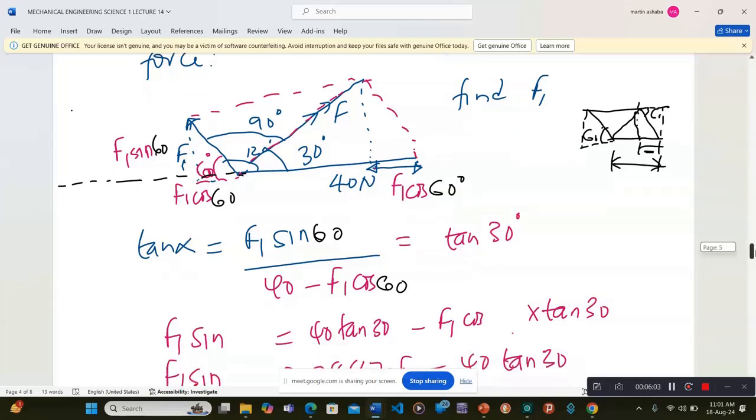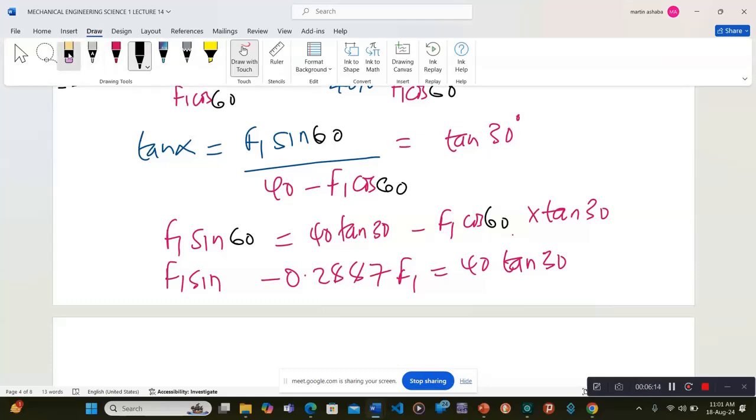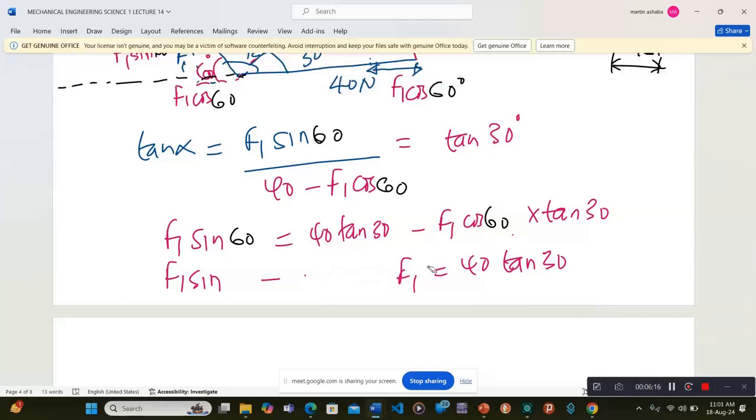So we proceed and substitute in. Remember, this is 60, this is 60. Then, of course, we need to manipulate our results using a calculator. We should be able to get these answers.